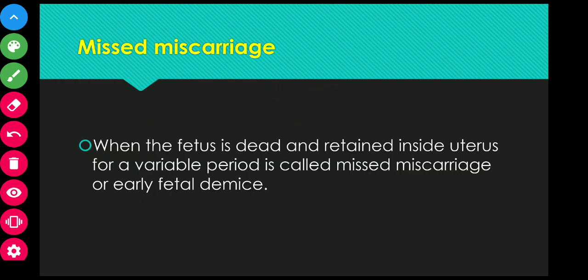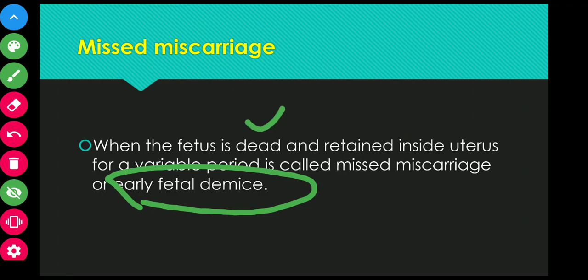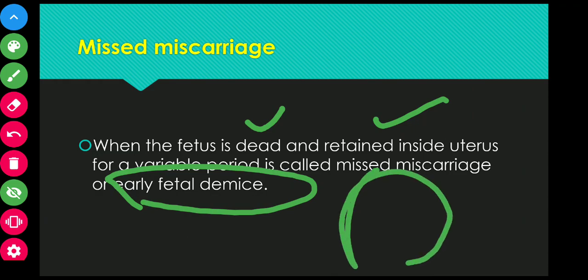First we'll see definition. When the fetus is dead and retained inside the uterus for a variable period, it is called missed miscarriage or early fetal demise. In incomplete abortion, what happened?